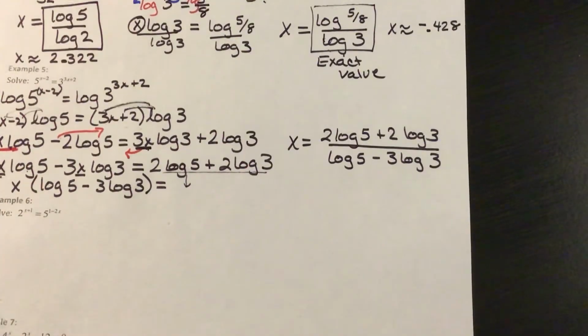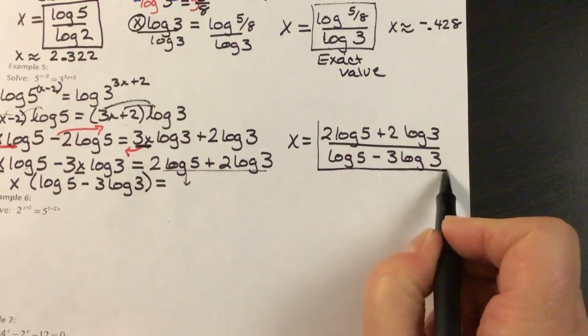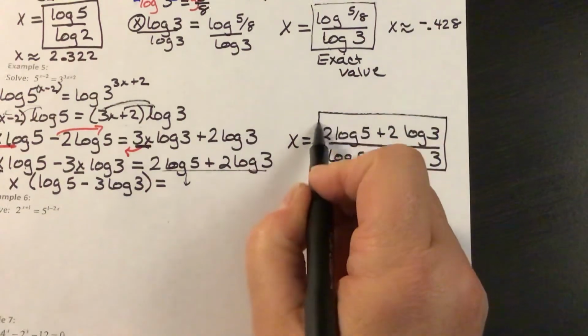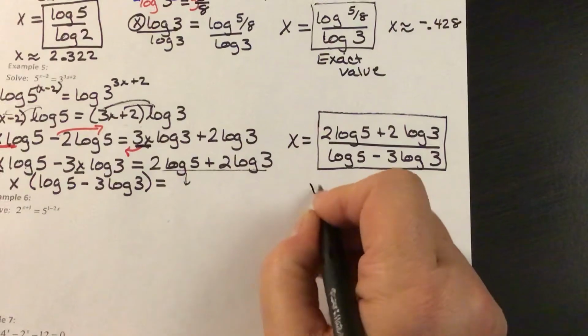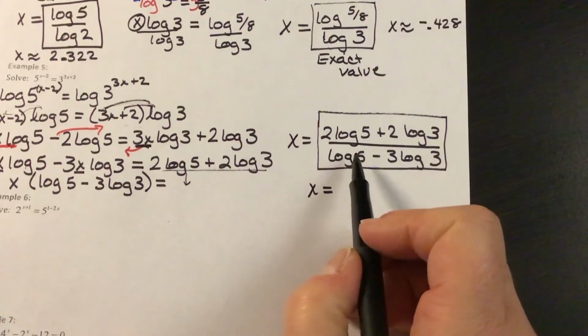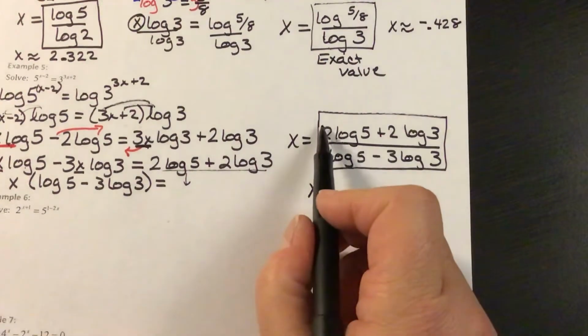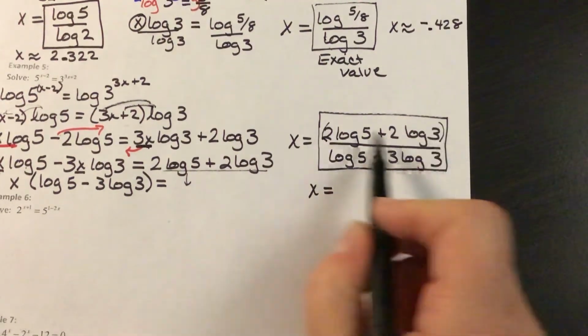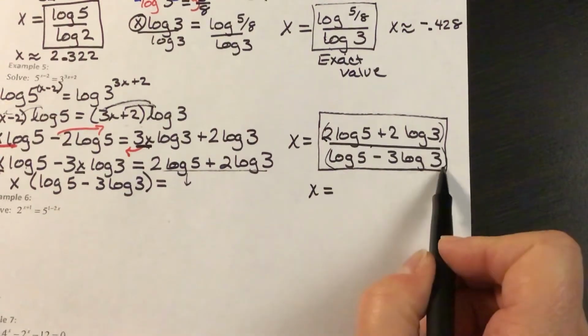Okay, so now if I do those calculations, and by the way, this is my exact value, and I can do an approximation by plugging this into Desmos or a calculator. Make sure that all of this is on the numerator, and then you're dividing by all of this.